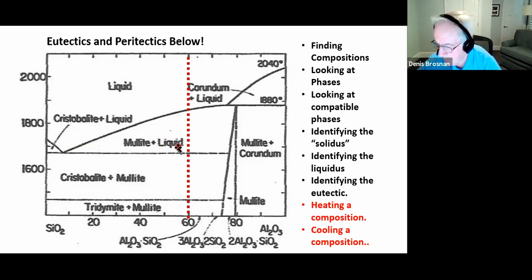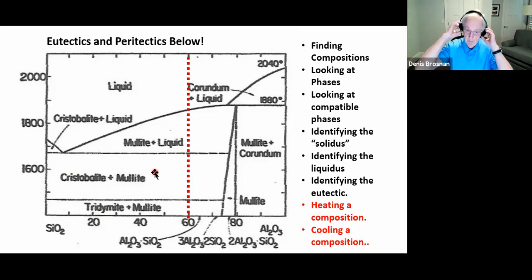Now, the diagram also tells us what should be present at equilibrium. I know I've skipped over these terms, tridymite and cristobalite. Those are crystalline forms of silica. We're going to talk about that in just a minute. But nevertheless, if we have this 60% alumina composition and we fire it up here to about 1600, the phase diagram says the equilibrium phases will be cristobalite, a form of crystalline silica, and mullite.